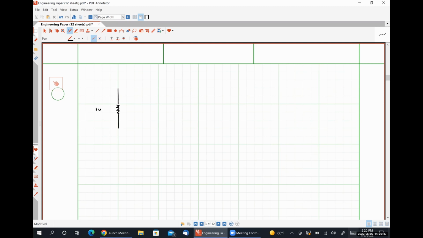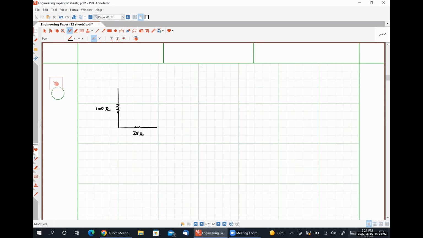We have a 100 ohm resistor, a 25 ohm resistor, a resistor diagonally here, which in the schematic diagram is labeled as R4. And for my random set, R4 has a value of 36 ohms. So I'm just going to put that in here. We have a resistor R2, where for me, R2 is 135 ohms.